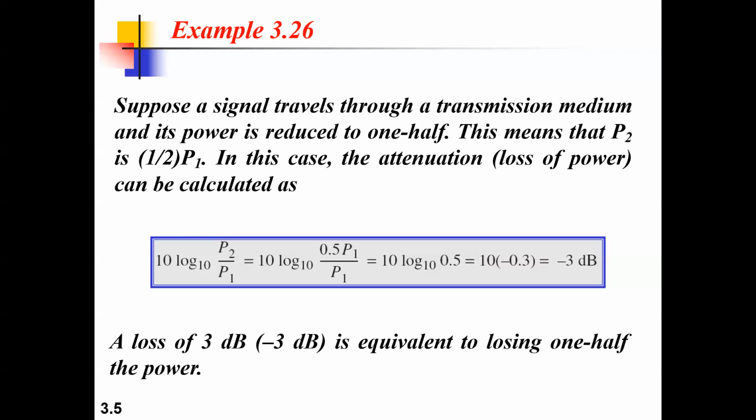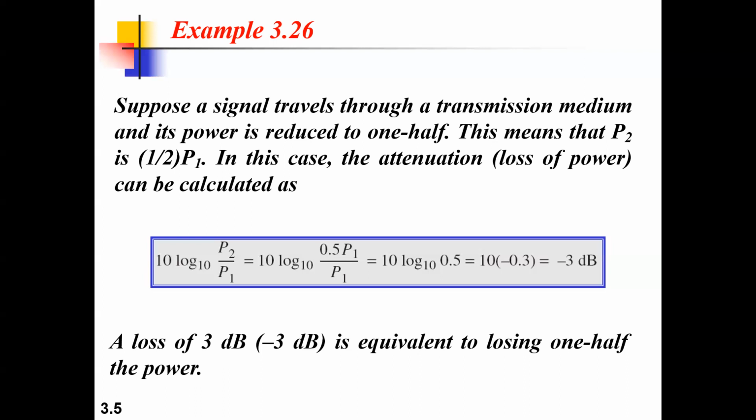So in this example, it says 10 log 10. P2 is half of P1, therefore 0.5 P1 divided by P1 gives you 0.5 itself, because P1 cancels out.